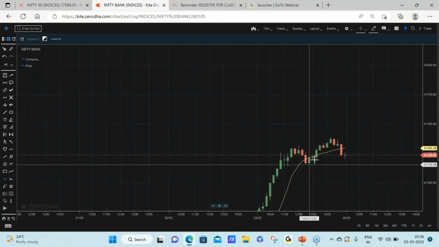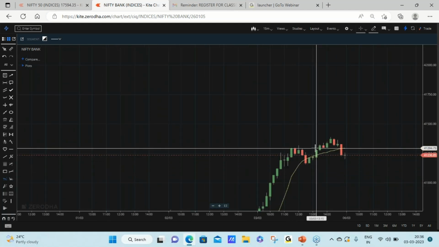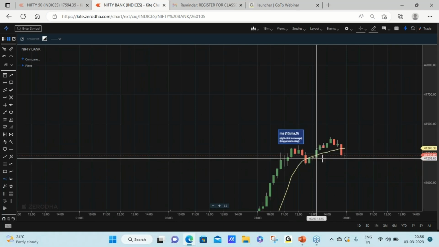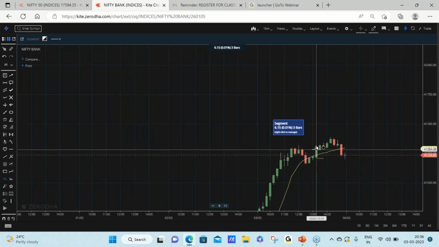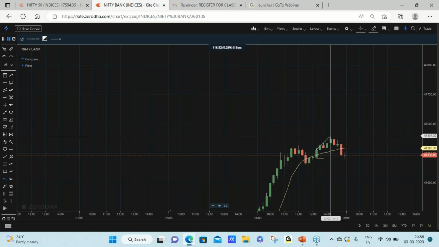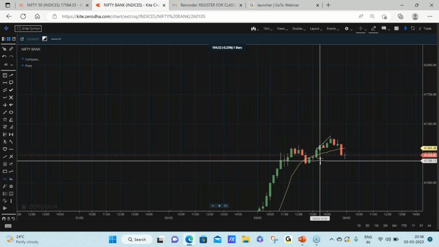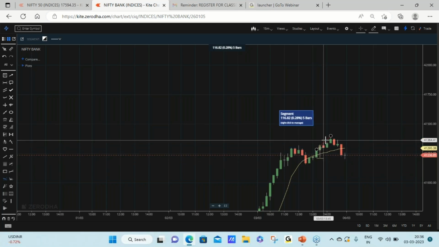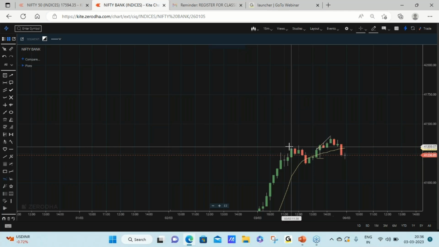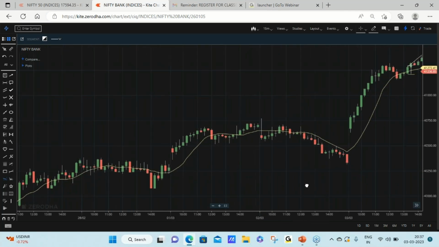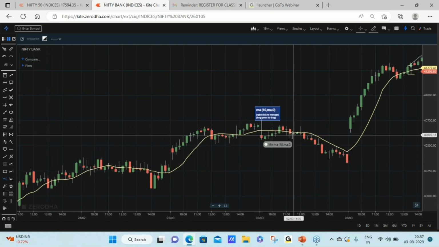Then this candle closed once again above 10 SMA, right? And high of that is breached. See how beautifully you've got 1:1 risk reward ratio. So let's take for a sell trade. Can I consider this?